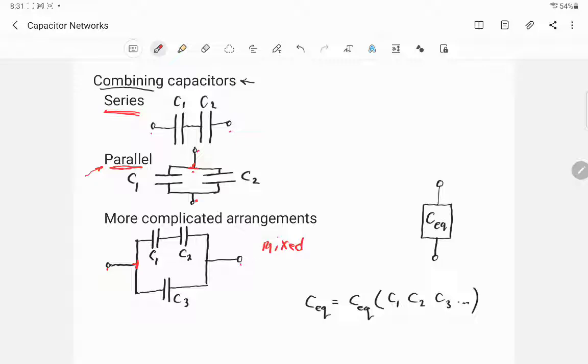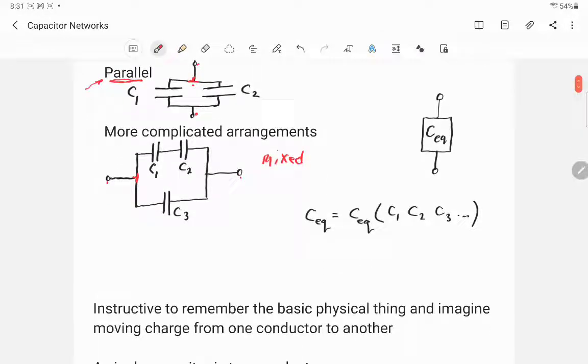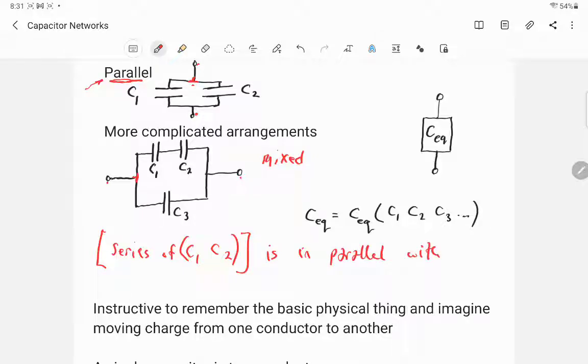And this actually is not a difficult situation. You might say that the series of C1 and C2 is in parallel with C3.